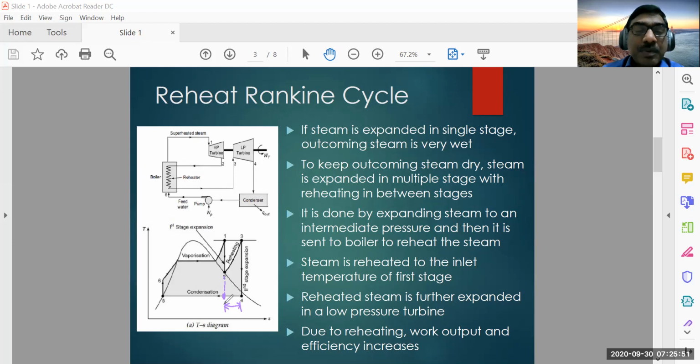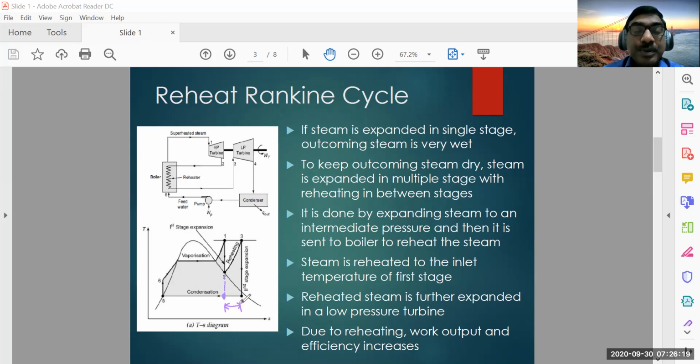So in order to avoid this high moisture content and also to increase the mean temperature of heat addition, I will explain what the mean temperature of heat addition is. It is going to decrease the entropy, and the useful work will be increased. So if the mean temperature of heat addition is high, the efficiency will be high.